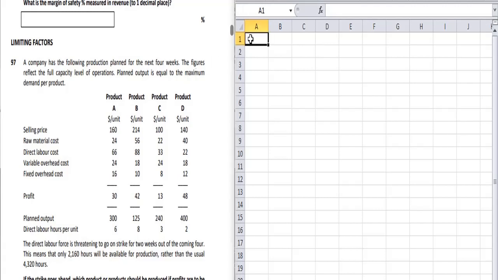So before moving on with this type of question, first of all I will write down what kind of products we are producing. We are producing A, B, C, then D. And what is the contribution?